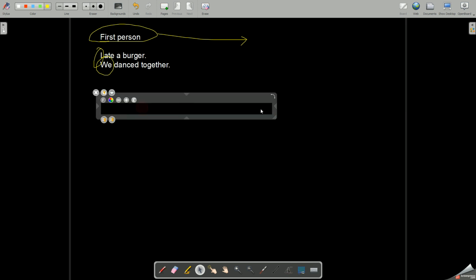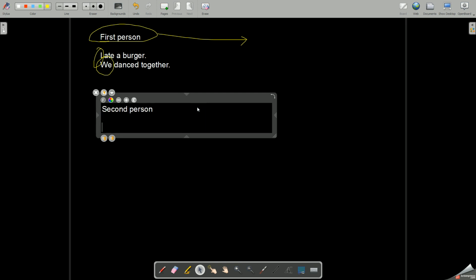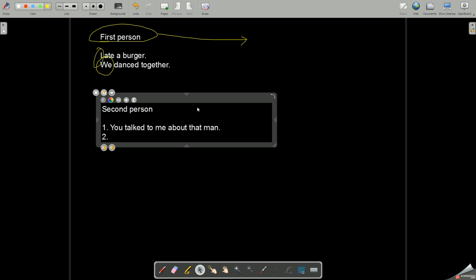In the second type we have pronoun of the second person. So in this you have statements like: you talked to me about that man. Why don't you all give in?